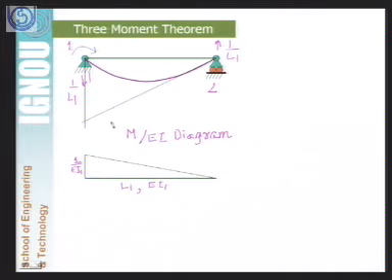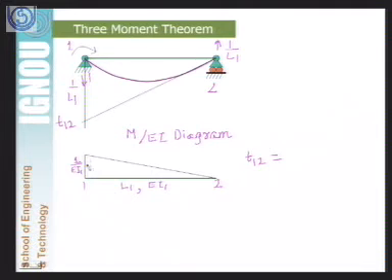So if we want to find out the value of T12, this length will be equal to the static moment of this M by EI diagram taken about point 1. This is point 1, this is point 2.